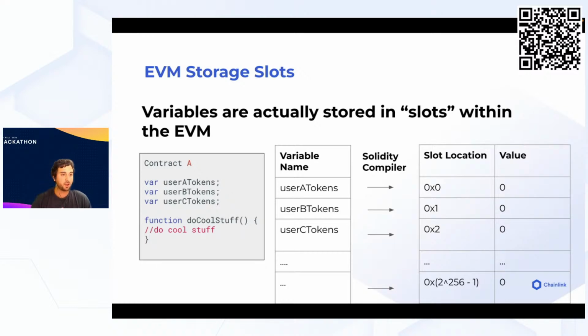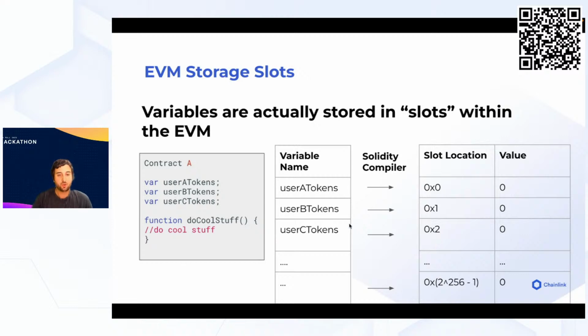And so let's look at this diagram to get a good idea of what I'm talking about, right? So we have this contract A, and we have 3 variables here: user A tokens, user B tokens, and user C tokens, and this function. And so here we have each of those variable names, user A tokens, B and C. The Solidity compiler compiles those into bytecode and automatically replaces them with these slot locations: 0, 1, and 2, right?